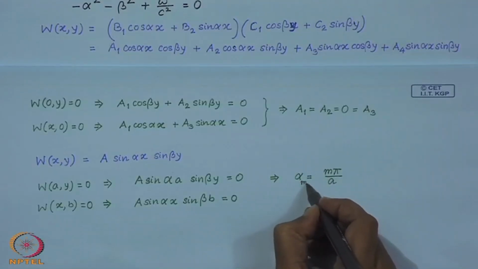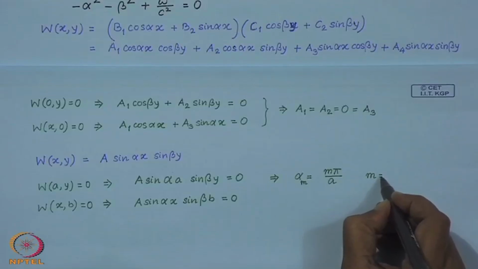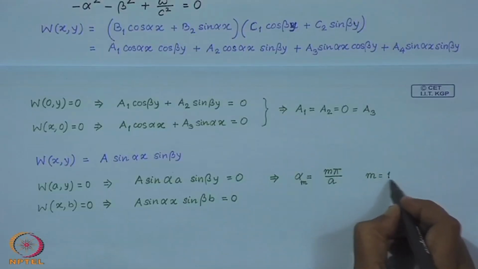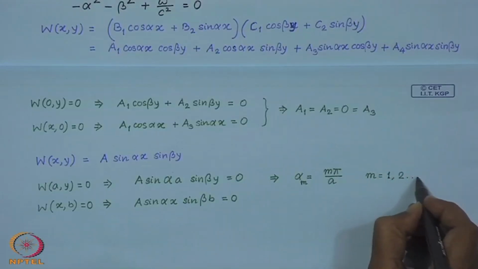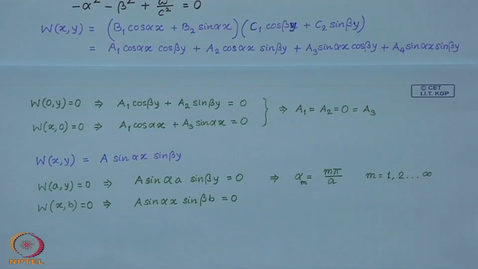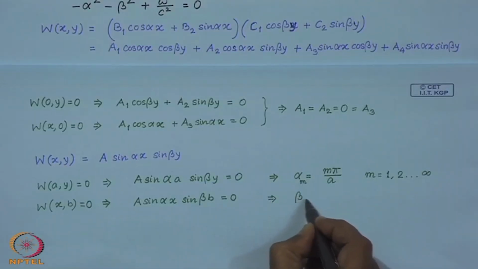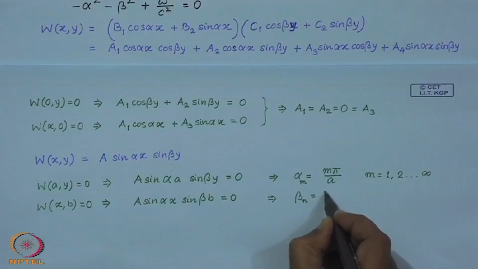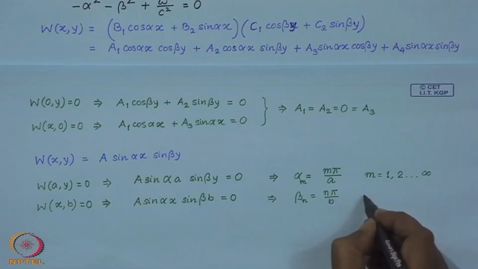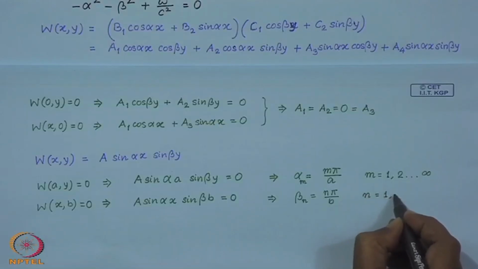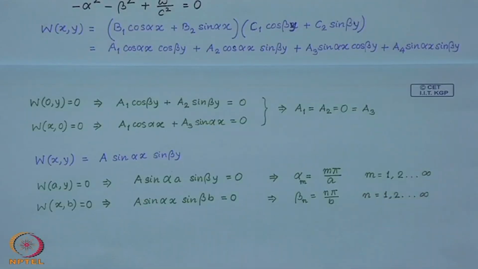So, this gets indexed, and there are infinitely many values of alpha m, and similarly from here this gets indexed by n, and there are infinitely many values of beta n.